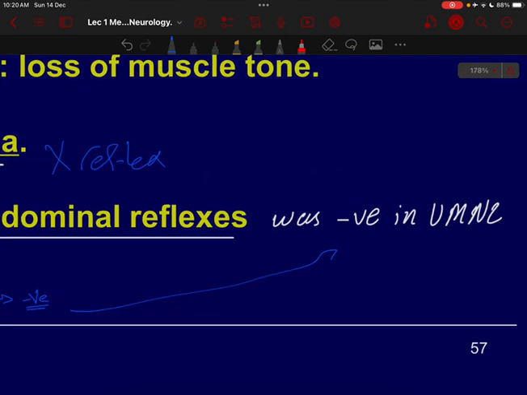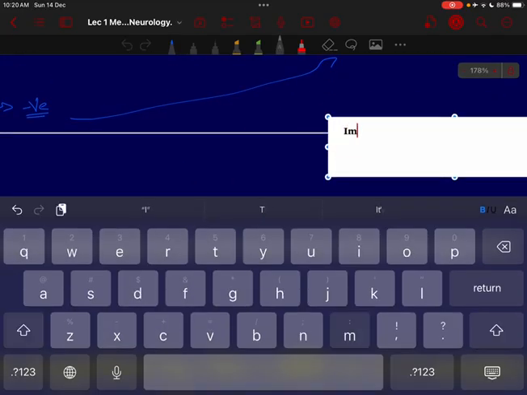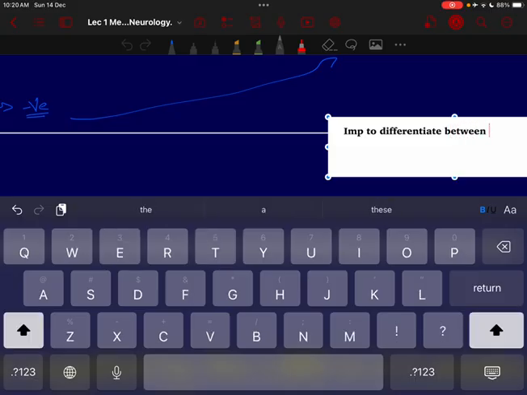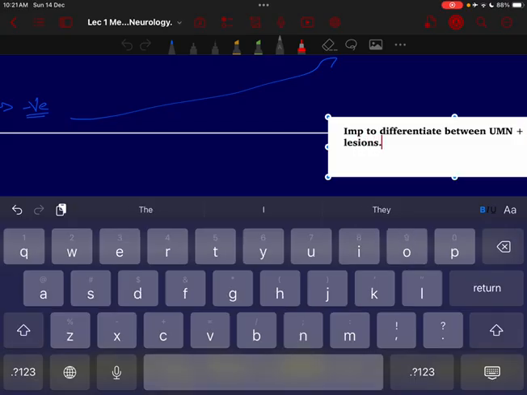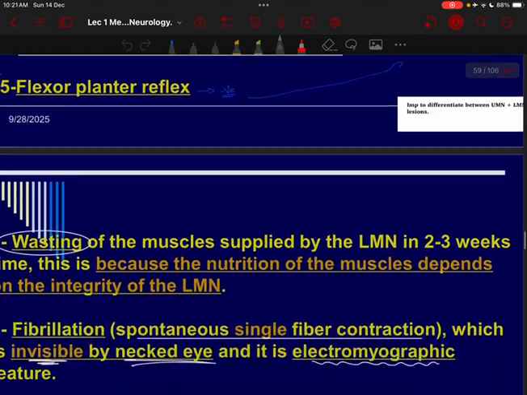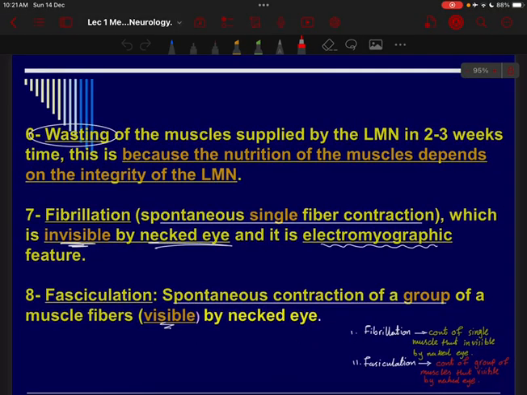And there is wasting of the muscle supplied by that lower motor neuron in 2 to 3 weeks time. ليش؟ Because the nutrition of the muscle depends on the integrity of the lower motor neuron. إذن بالlower motor neuron يصير عندنا wasting. بالupper motor neuron شو يكون عندنا؟ disuse atrophy. هذا فرق.